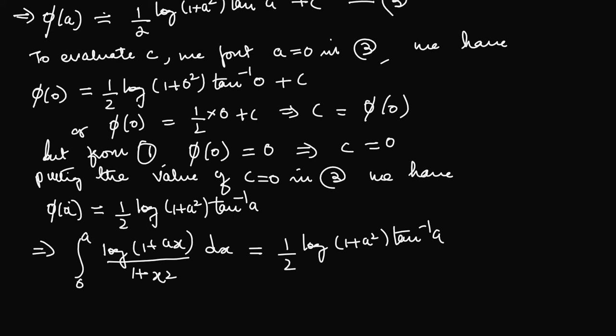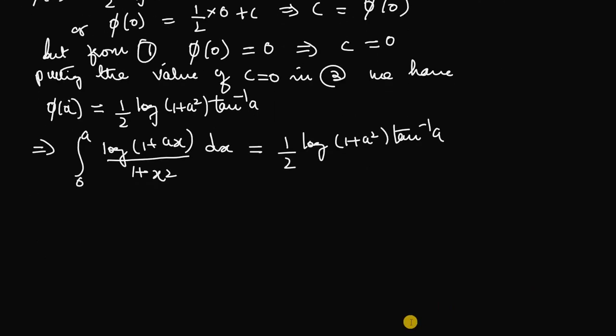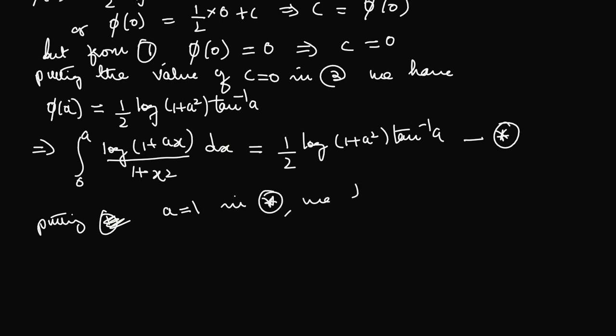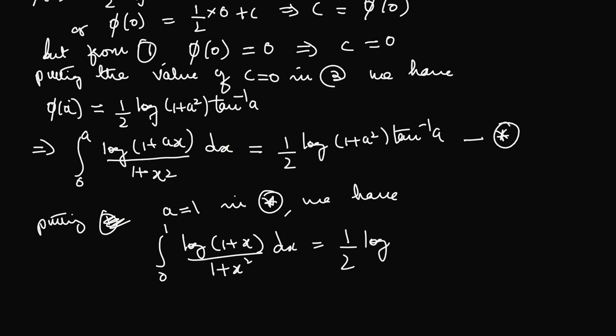Now to get the second part, we just have to replace a by 1. Let me name this one as star. Putting a is equal to 1 in star, we have integral 0 to 1 log of 1 plus x by 1 plus x square dx, which is equal to half of log of 1 plus 1 square into tan inverse of 1.